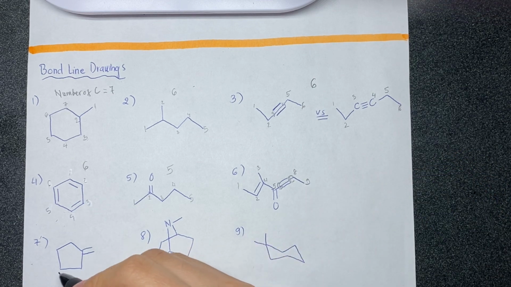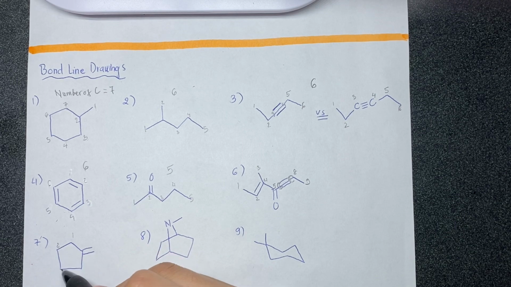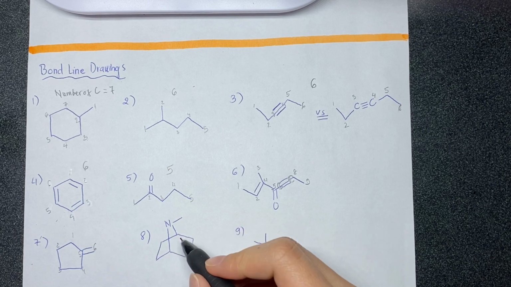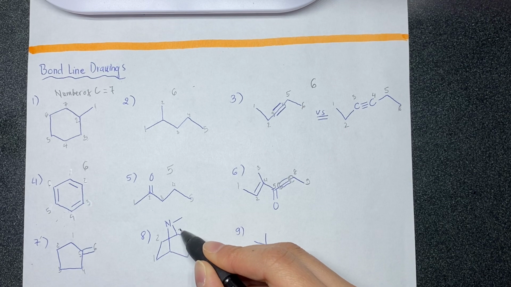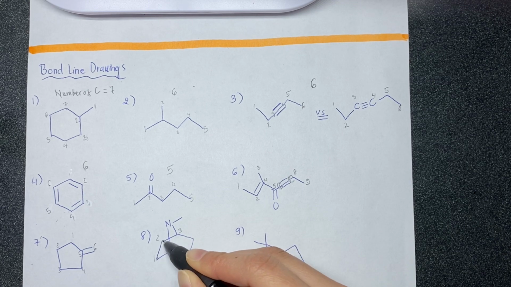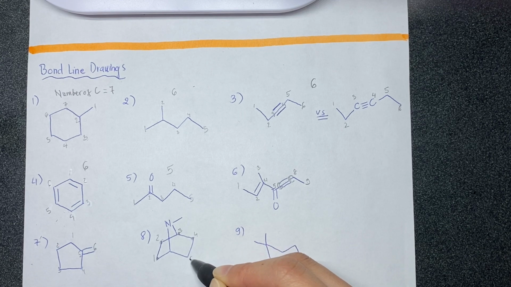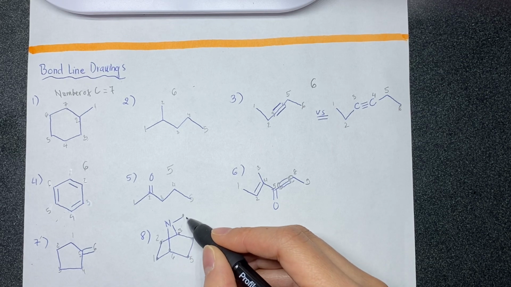Continue on this one. You're going to have 1, 2, 3, 4, 5, and then 6 here at the end. And then this one, you're going to have 1, 2, 3, 4, here, 5, here, 6, and then 7 here at the end.